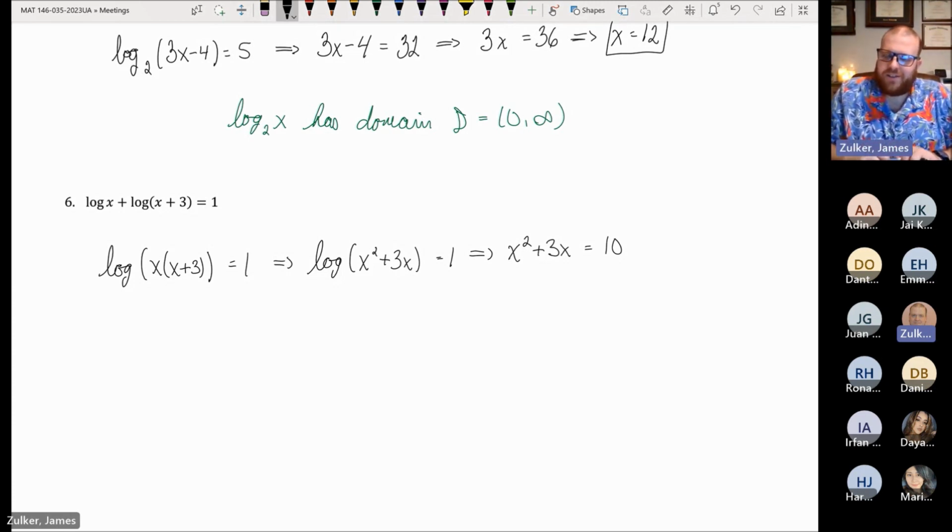This looks like it's going to be quadratic. Yes, I've written just log, that is understood to be the common log, base 10. We can factor this, can't we?